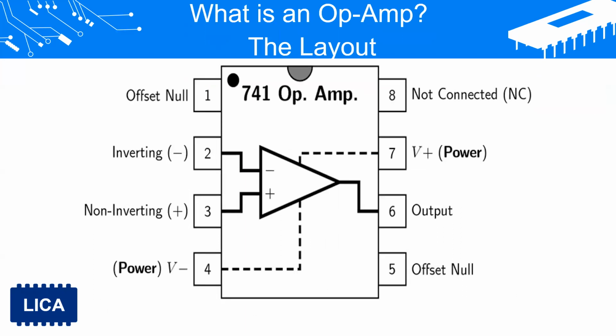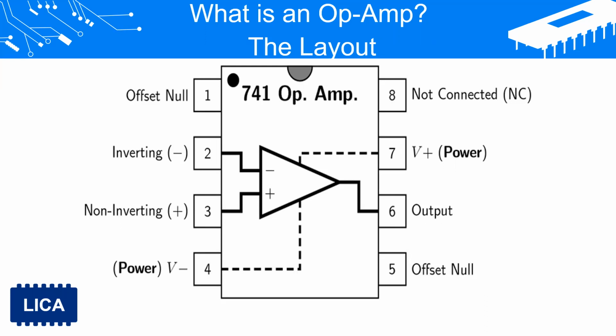Here, this is the pin configuration of IC 741. Pin 7 is the positive voltage supply terminal. Pin 4 is the negative voltage supply terminal.